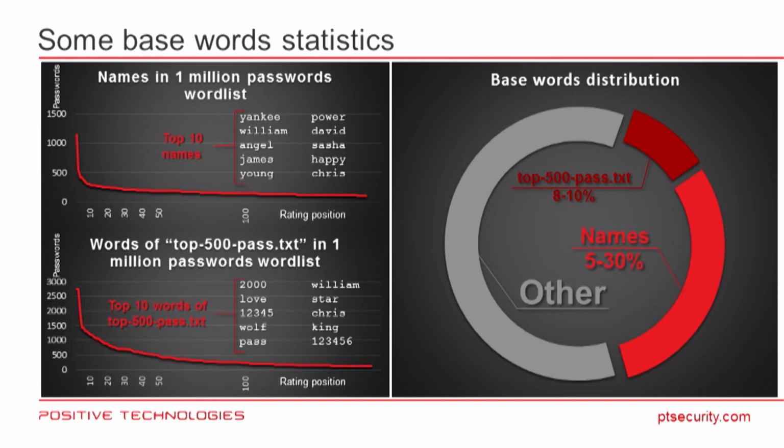On the right hand side you will see the next thing. Out of all of the passwords, we have some passwords from the top 500. They contain this word, and 5 to 30% is a password which contains a name.